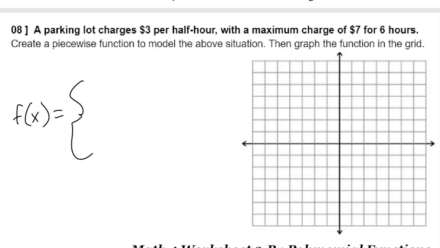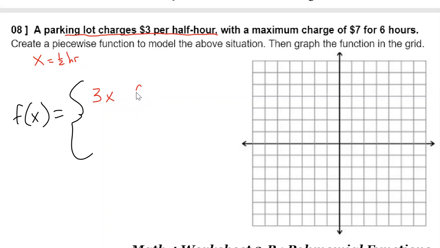So let's start with this first part. I'm trying to think how we would write this. That would be $3 if X equals a half hour. We're going to have to establish that.